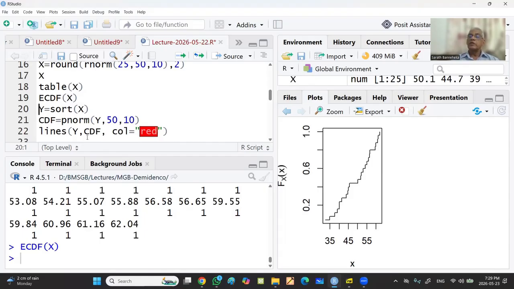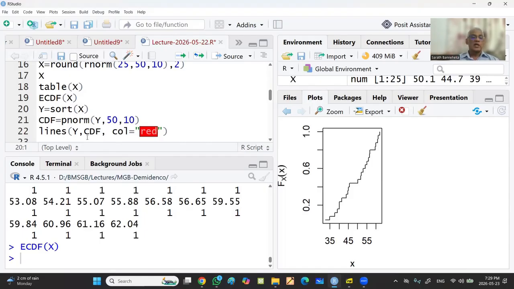But when the random variable is continuous, the theoretical CDF is a continuous function rather than a step function, right? Therefore, I'm not going to use a step function here.